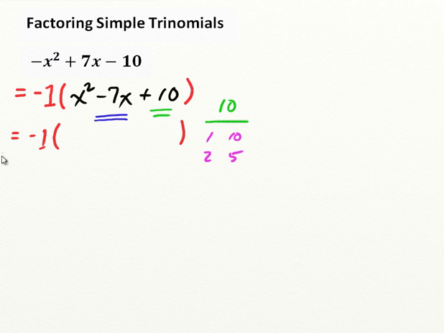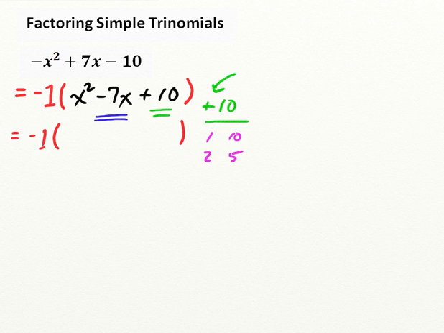Now, notice how there's a sign missing in front of the 10. Well, it's not really missing, it's actually positive 10. That means that either both of these values were positive, so that you multiply a positive times a positive and you get a positive, or both of them are negative, so you multiply negative times negative and you get positive 10.